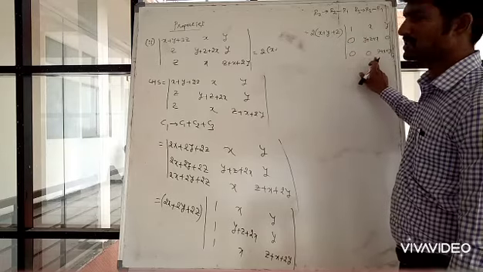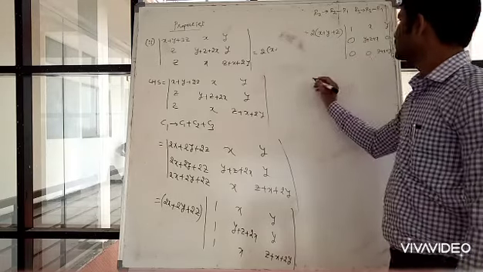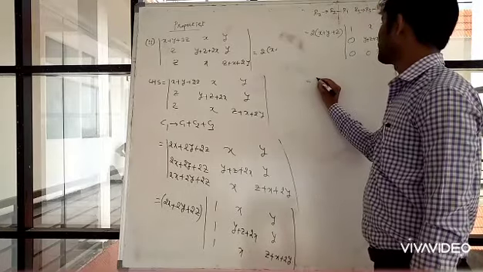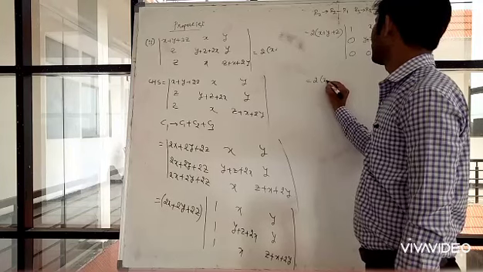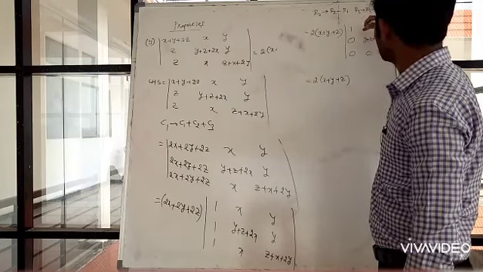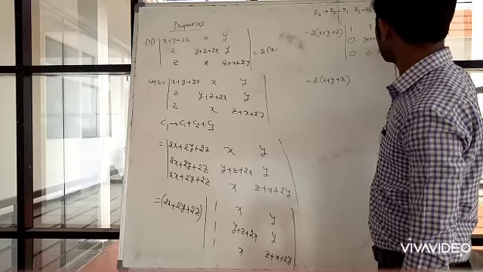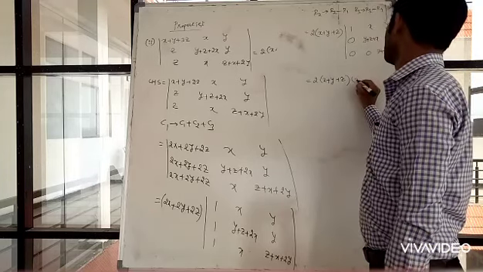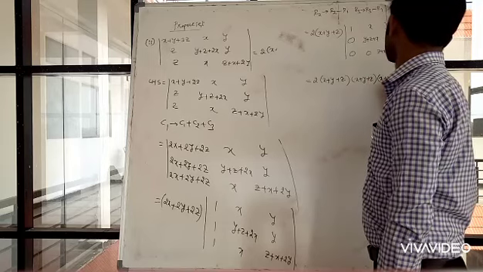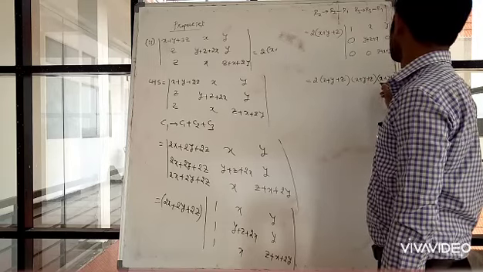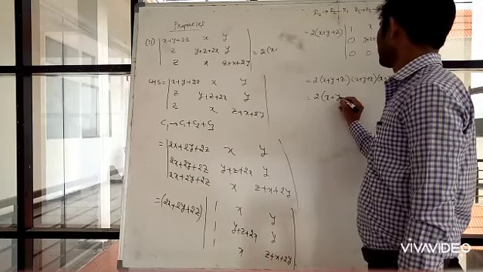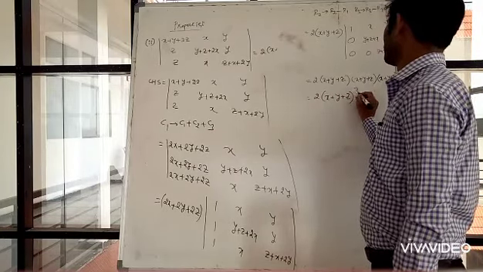So each element on one side of principal diagonal is 0. So the value of the determinant is the product of principal diagonal elements. Product means 1 into x plus y plus z into x plus y plus z. Correct? It is equal to 2 into x plus y plus z whole cube.